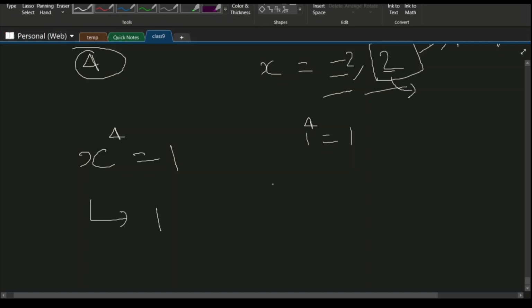Another option can be minus 1, because minus 1 to the power 4 is also 1. In higher classes, you will see more options, so I will leave it for now. But when we have such an equation, x to the power 4 equal to 1, you will actually have 4 different values of x, because it's a 4th degree equation. So you'll get 4 different values of x, which when raised to the power 4 will give you a 1.